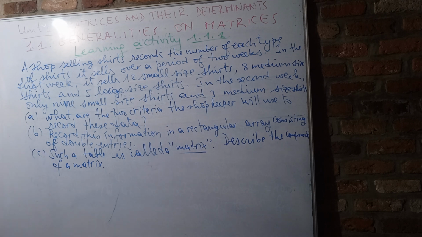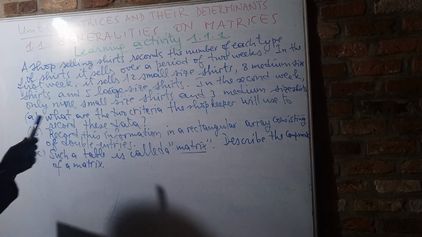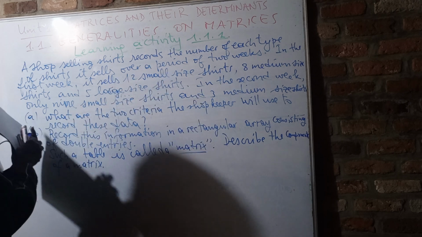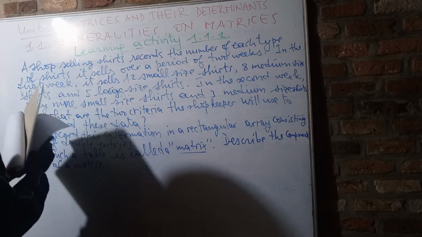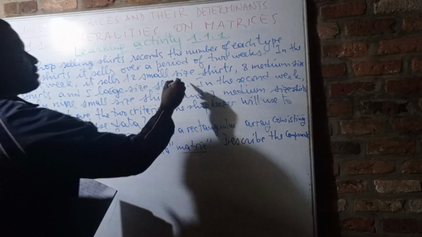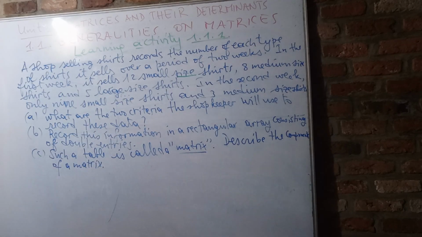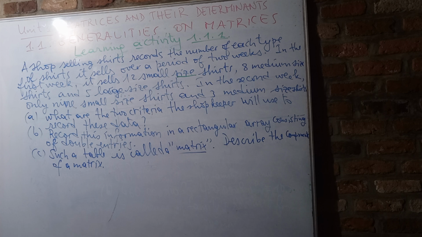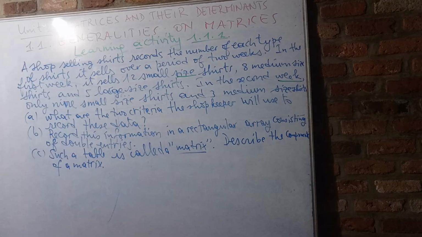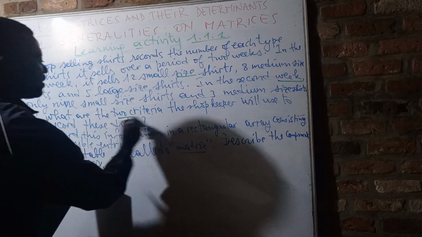Of course, the first criterion will be the size. Let me use green color now. It will be about the size of shirts, and he will also use the week. Two criteria.